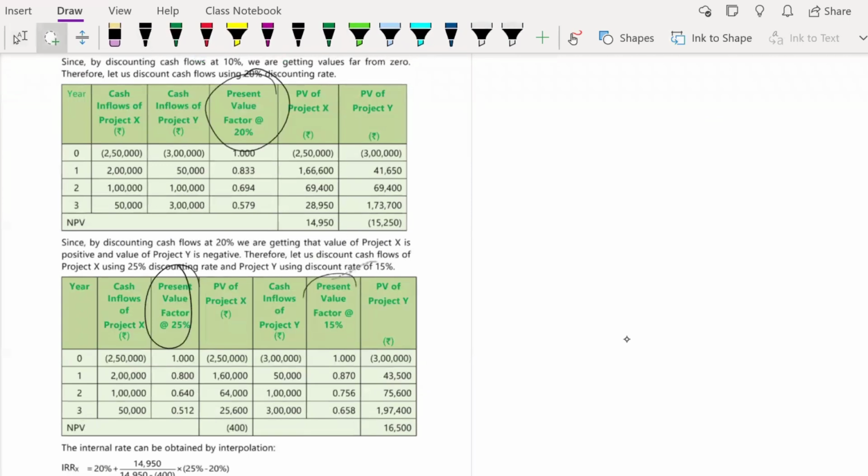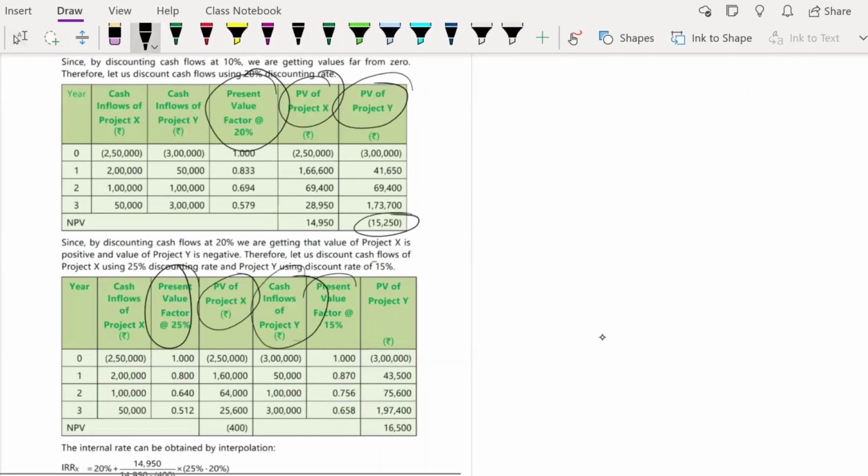For project X, one came as positive, one came as negative. But in case of project Y, at 20% also it came as negative.